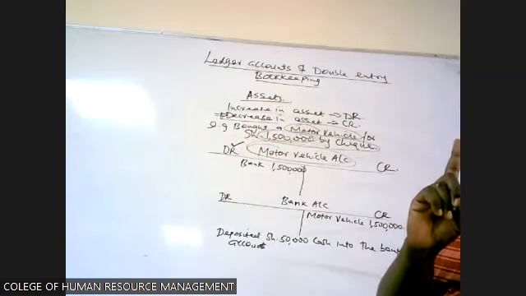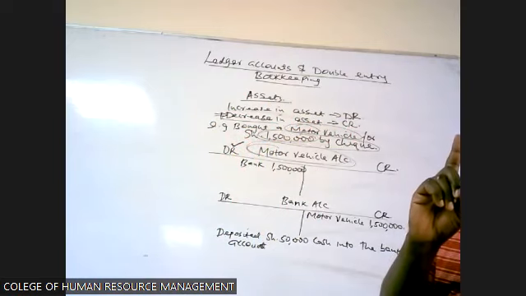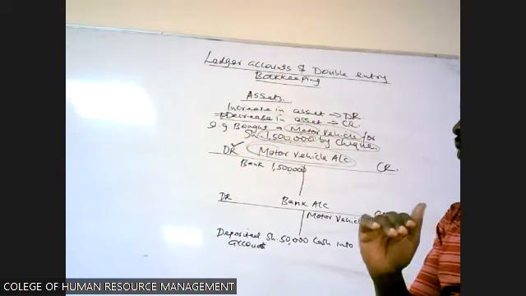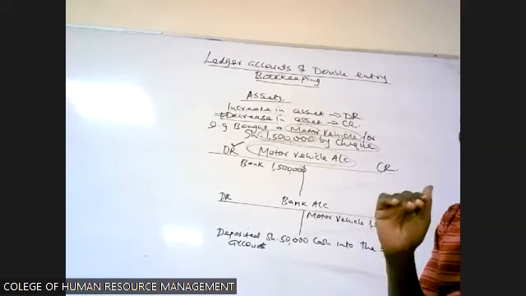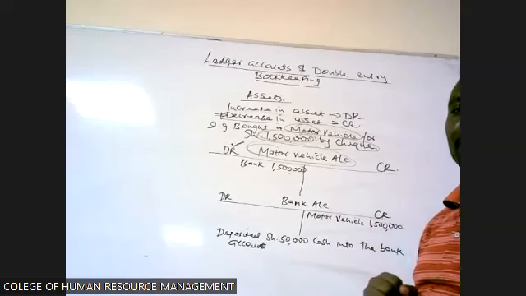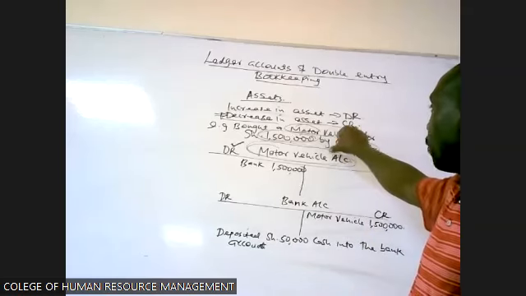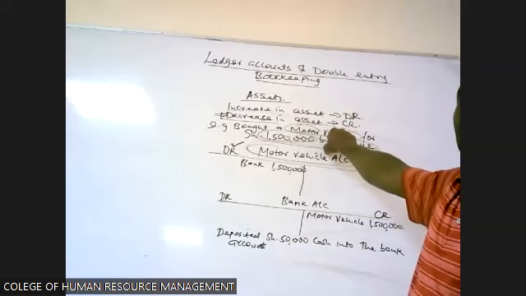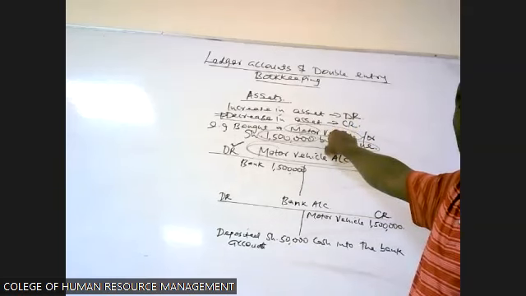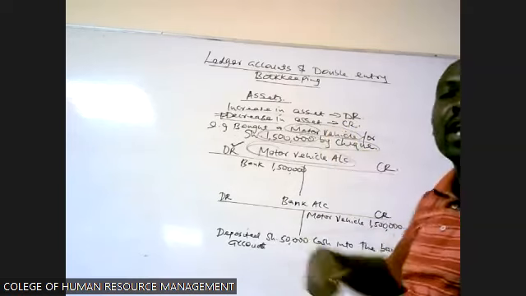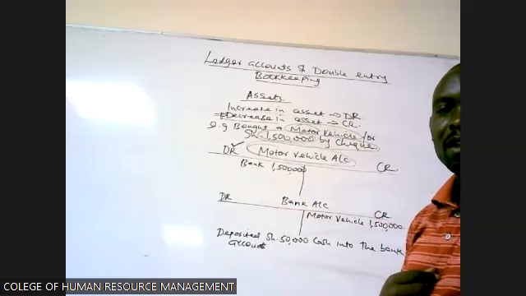Okay. Let me clarify at that point before you go back. The question I will ask you: which account have we debited? The account that we have debited is known as what? Motor vehicle. Why have we debited the motor vehicle? Because we have acquired a motor vehicle. Are we together?